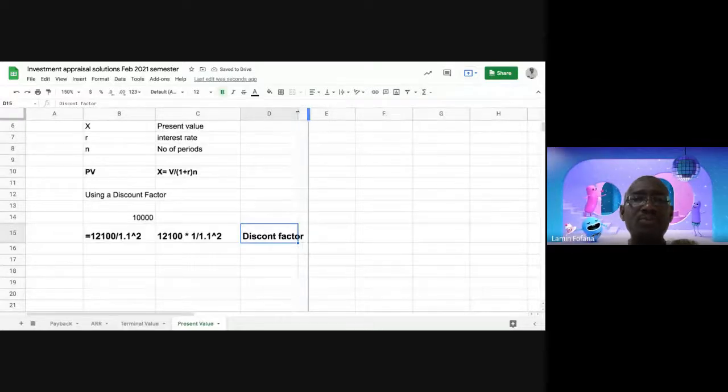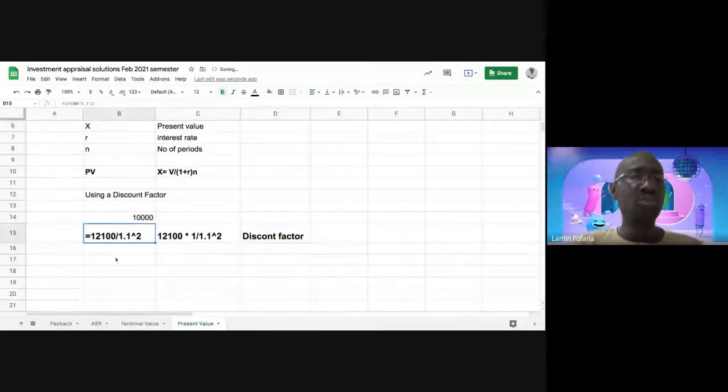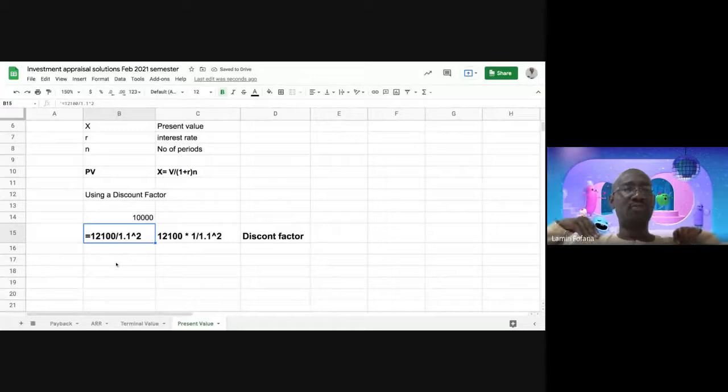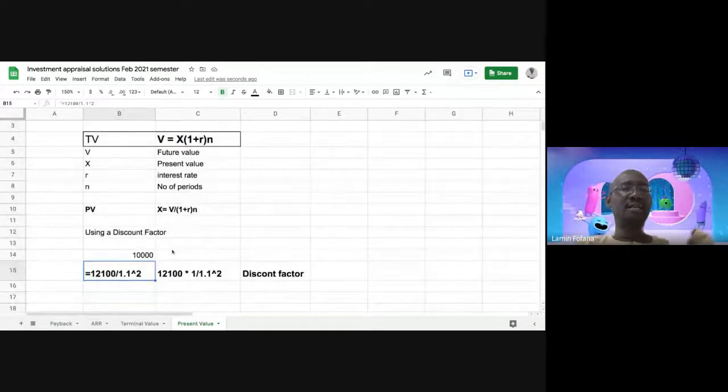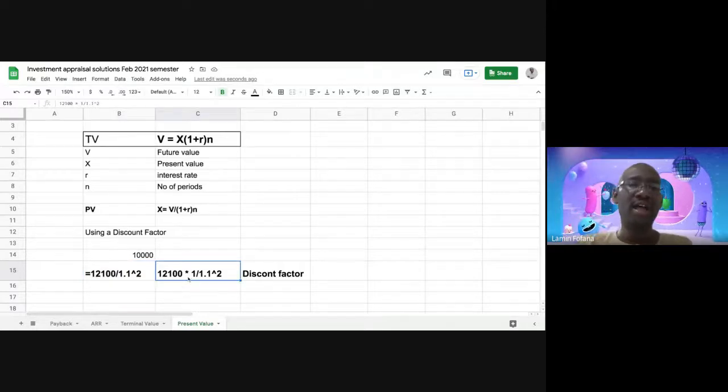Because what we do as accountants, we don't go and say 12,100 divided by 1.1 raised to power 2, 13,000 divided by 1.1 raised to power. No, we take the future value and we multiply it by the discount factor. So you have to calculate your discount factor. Okay, is it clear now?